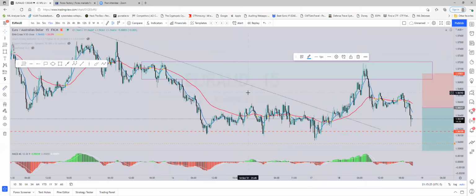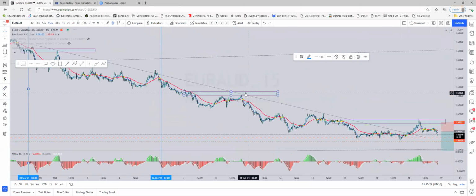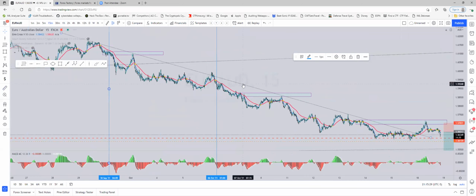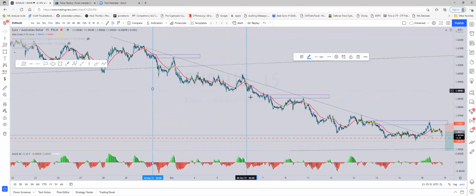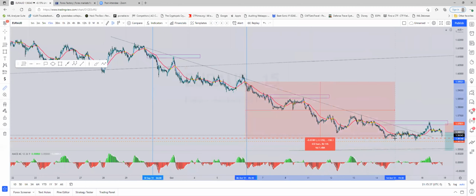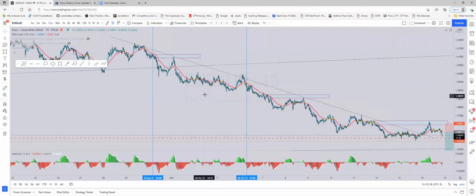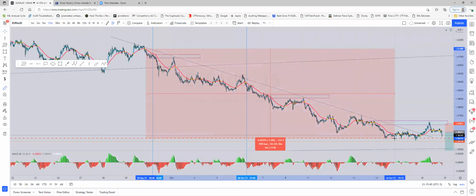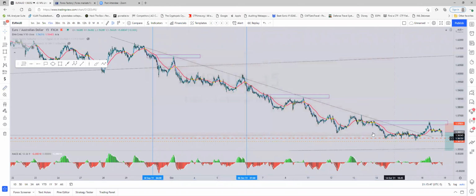Going down to a 15-minute, you can get a tighter entry. So the cross happened a little higher. Okay, kind of defeated right here. So now I've got 530 pips.